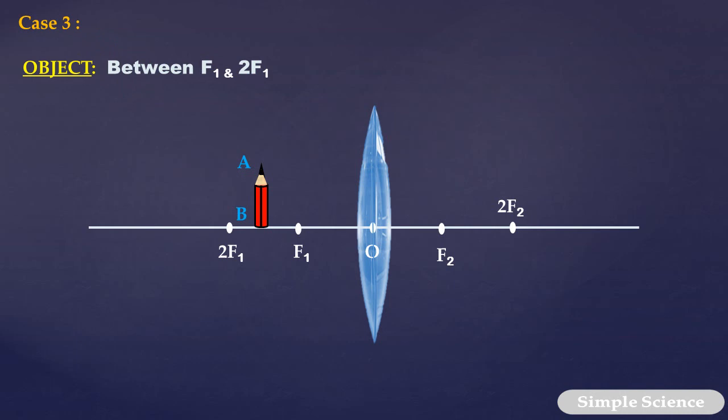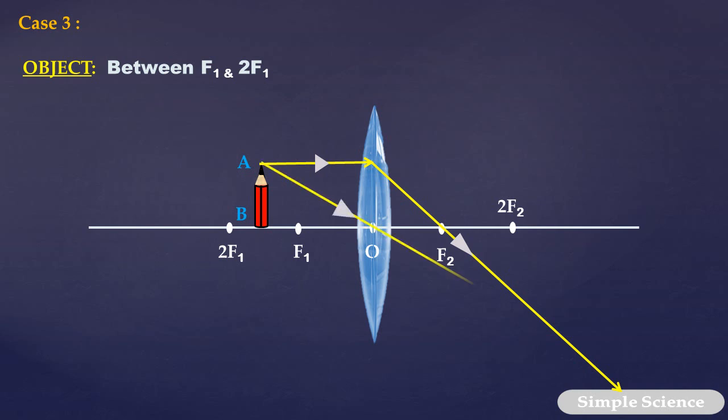Case 3. When the object is between f1 and 2f1. Again we will use the same two rules, first and second rule. A ray of light parallel to the principal axis after refraction through the lens passes through the focus. Remember that all the rays you should start from point A or tip of the object. A ray of light passing through optical center goes undeviated.